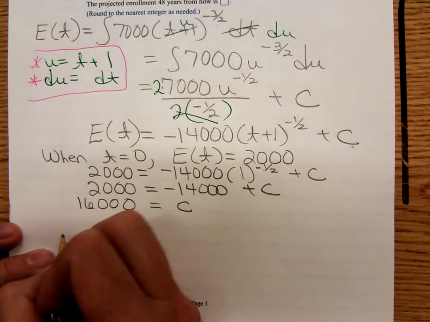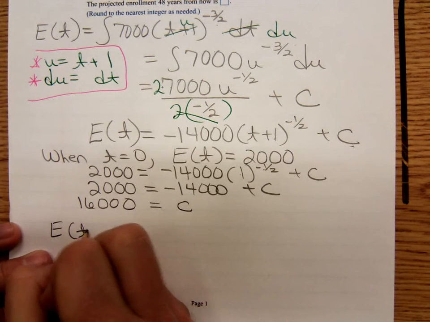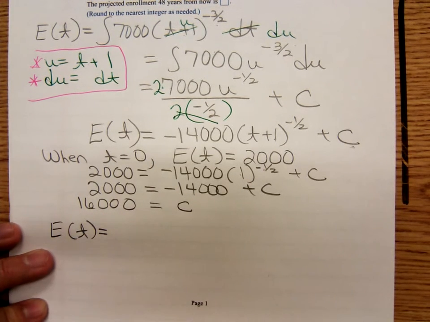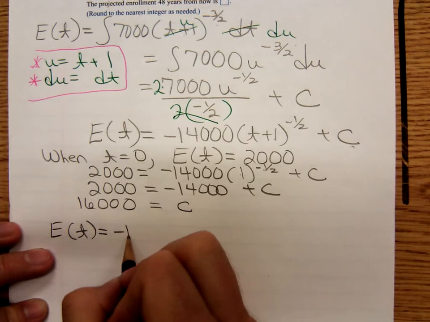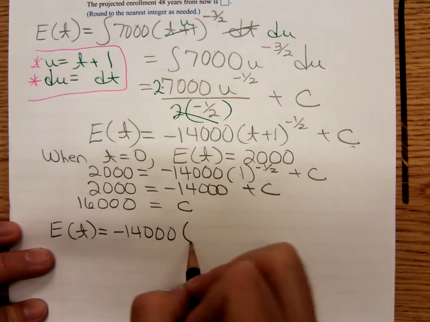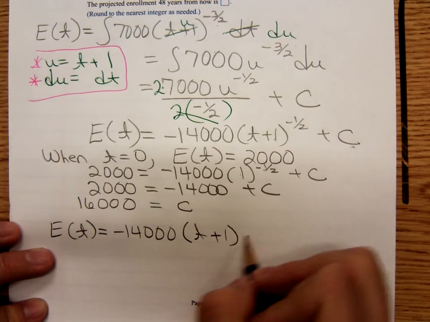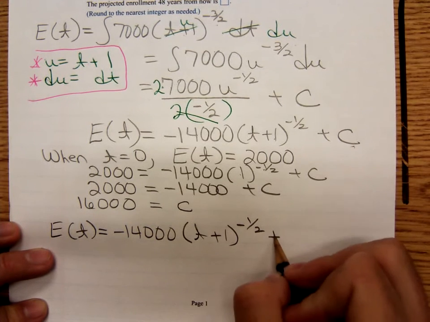So here's my enrollment function. E of t is equal to negative 14,000 times t plus 1 to the negative 1/2 plus 16,000.